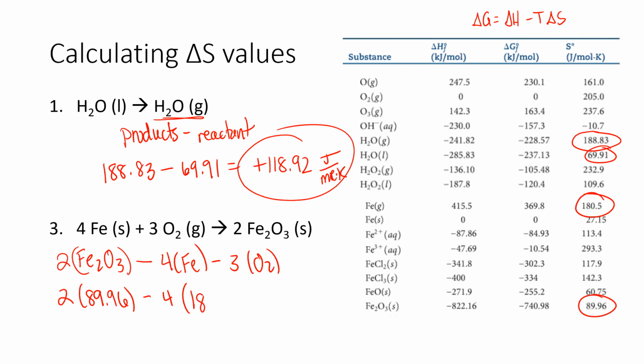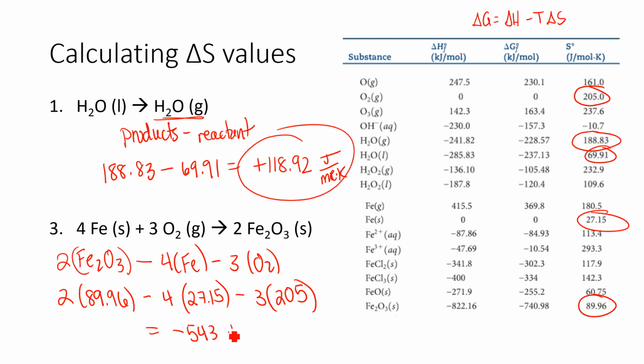That was gas. I need to look at, there we go, it's solid iron. Notice how solid iron has much less entropy than gaseous iron. And then 3 of oxygen gas, that's this one right here, 205. If I plug this all in my calculator, I should get negative 543 joules per mole Kelvin.